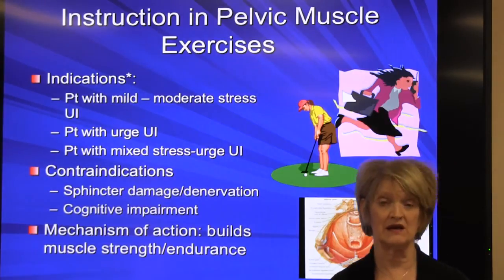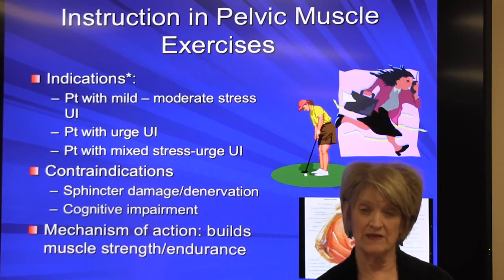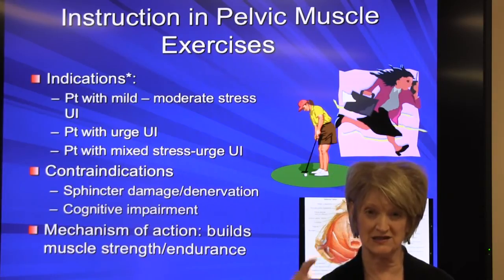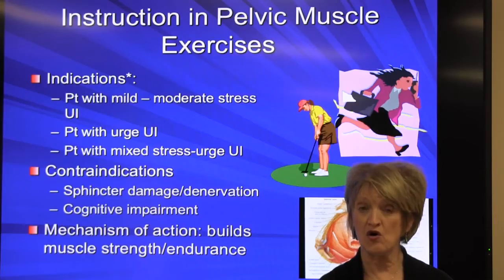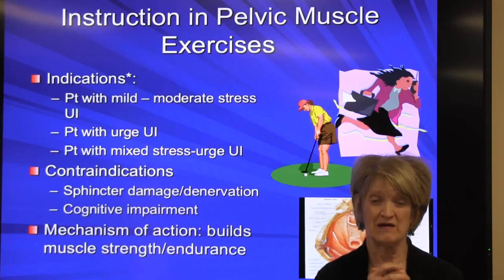Well, interestingly, when you contract your pelvic floor muscles, there's a feedback loop to the bladder. And basically, pelvic muscle contraction sends a message to the bladder that says, relax, the door is closed. So if you are experiencing intense urgency, it means the bladder's getting ready to contract.